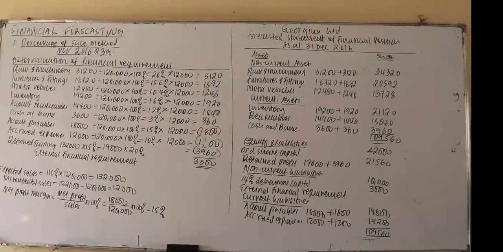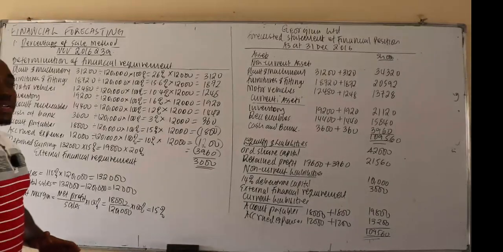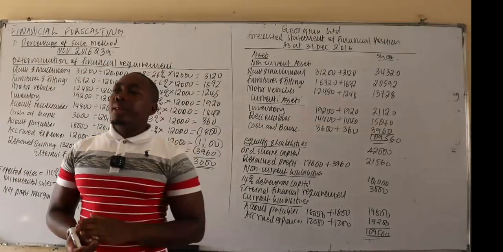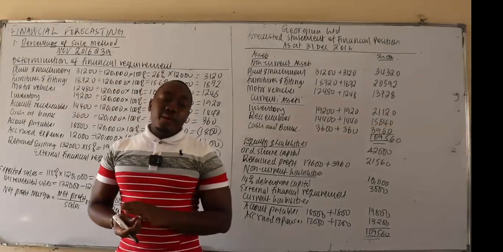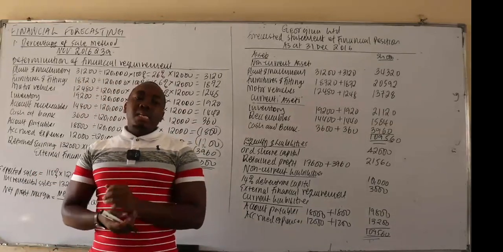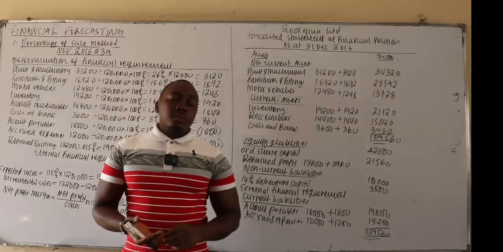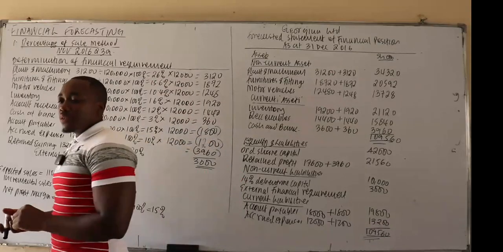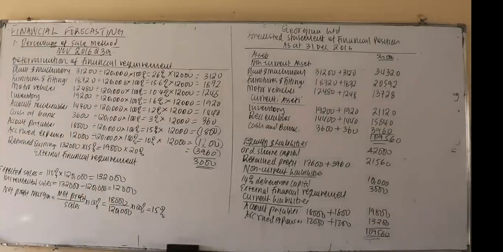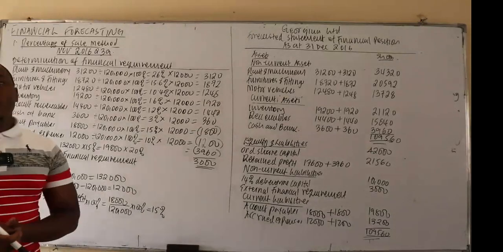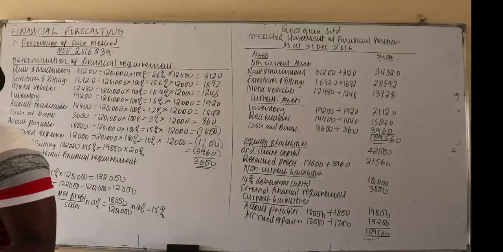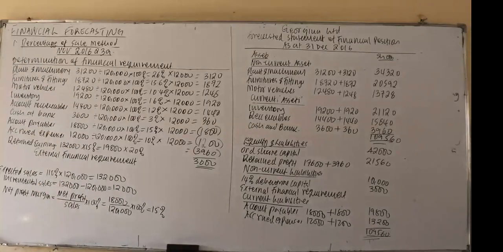Number one, it assumes that the company is operating at a full capacity. Yeah, that's just an assumption. That's not always the case. The company sometimes might not operate at a full capacity. So that means that assumption becomes a limitation.